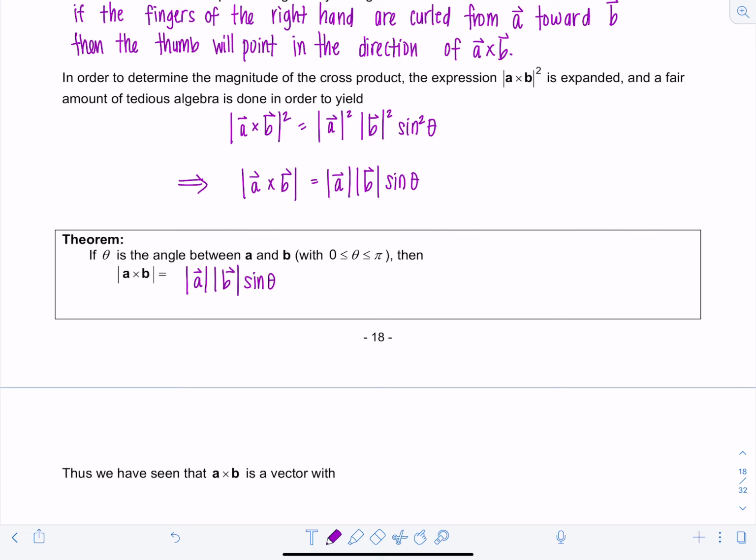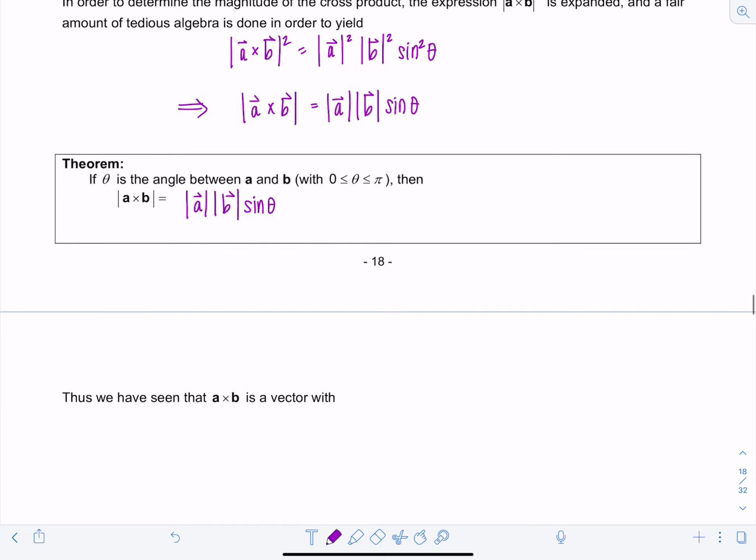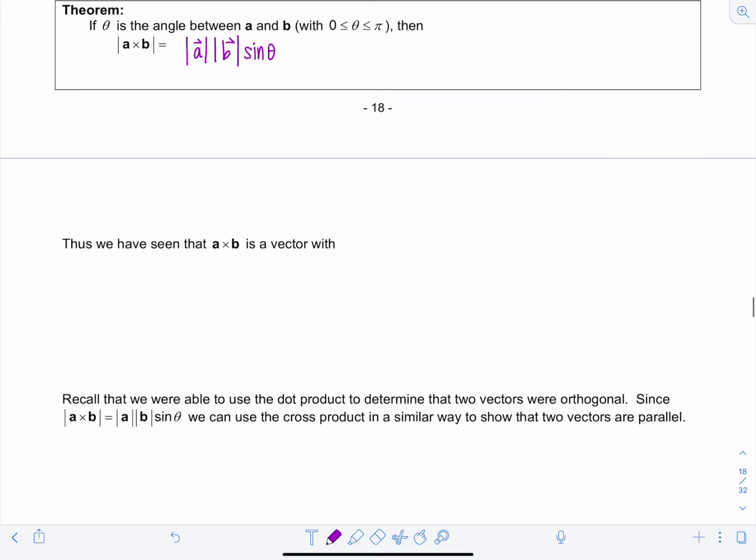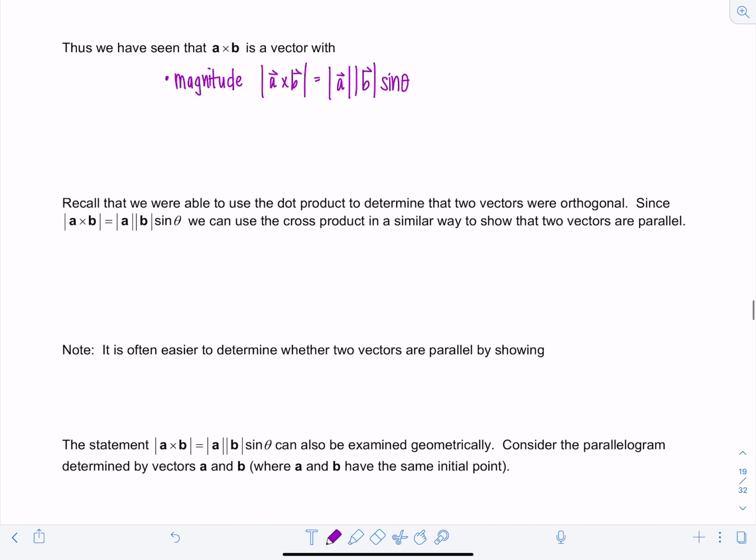Okay? So now let's recap basically what we've seen so far about the cross product. A cross B is a vector with magnitude magnitude of A cross B, which is equal to magnitude of A, magnitude of B, sine theta. What else do we know about this vector?